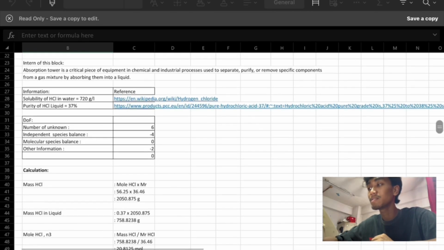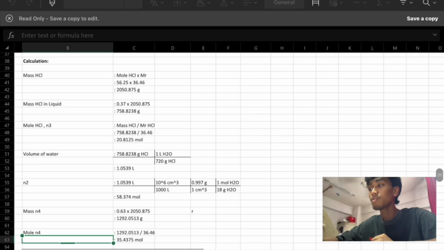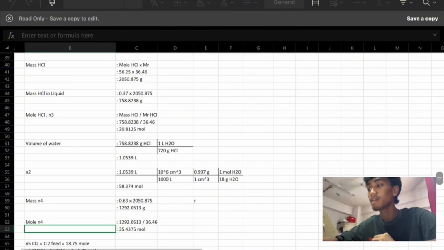The information is the solubility of HCl in water, which equals 720 gram per liter, and the purity of HCl liquid is 37%. First we need to find the mass of HCl, which equals 2050.875 gram, find the mass of HCl in liquid, and find the mole of HCl, which is N3, equal to 20.8125 mole.